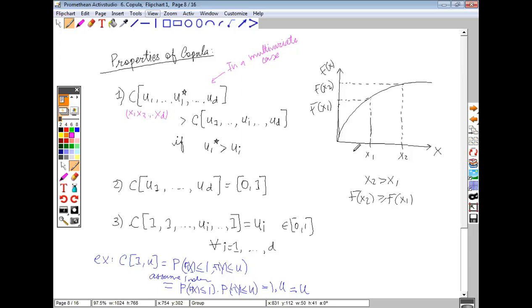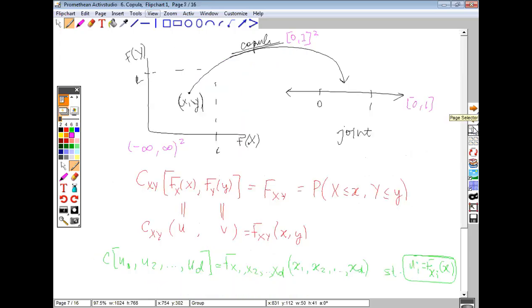Oh, okay. So wait, I see what's happening. Whenever I'm talking about this, what do I care about? My x is the random variable here and my y is the random variable here, right? But what are my u and v? These are just the placeholders for this x and y, right? Do you agree? Yes, right.